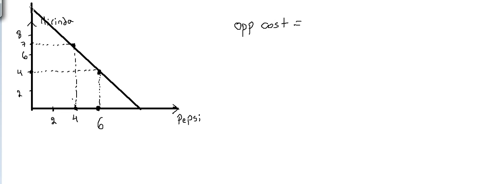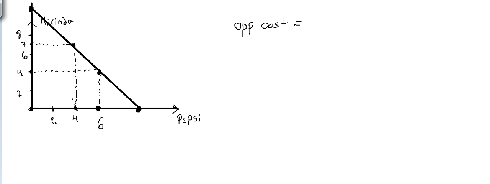This point here on the y-axis will be when we produce only Miranda and 0 Pepsi, right? We can find that by doing a graph. And this point is for producing only Pepsi and no Miranda.